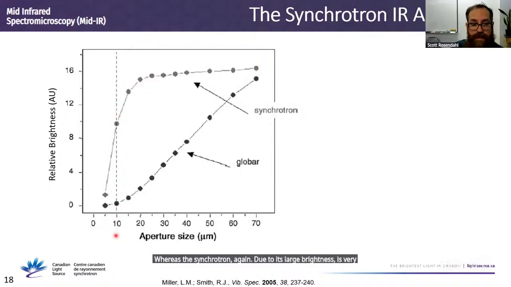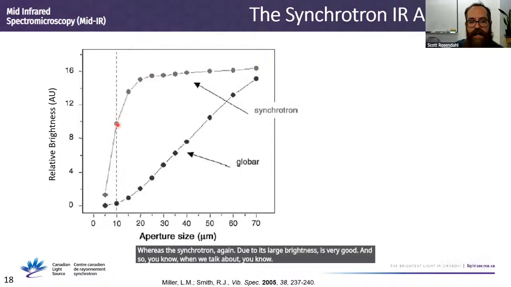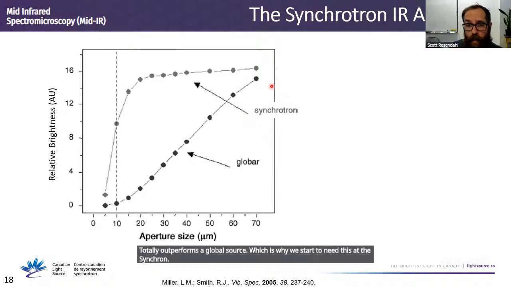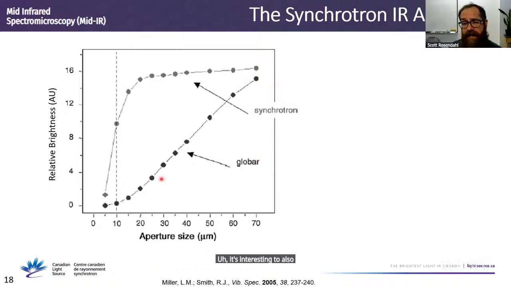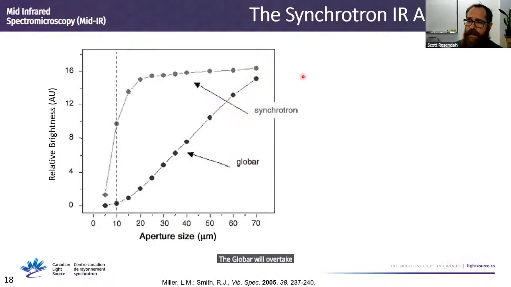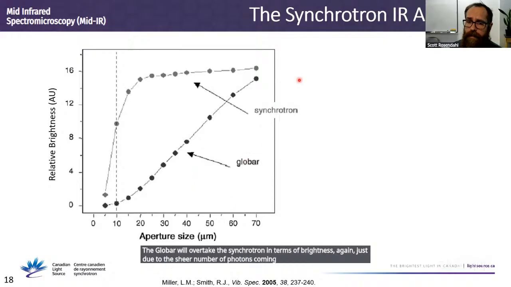At a 10 micron aperture, the synchrotron light source totally outperforms a glow bar source, which is why we need it. As we increase the aperture size further, the glow bar will overtake the synchrotron in terms of brightness, just due to the sheer number of photons coming off the glow bar.